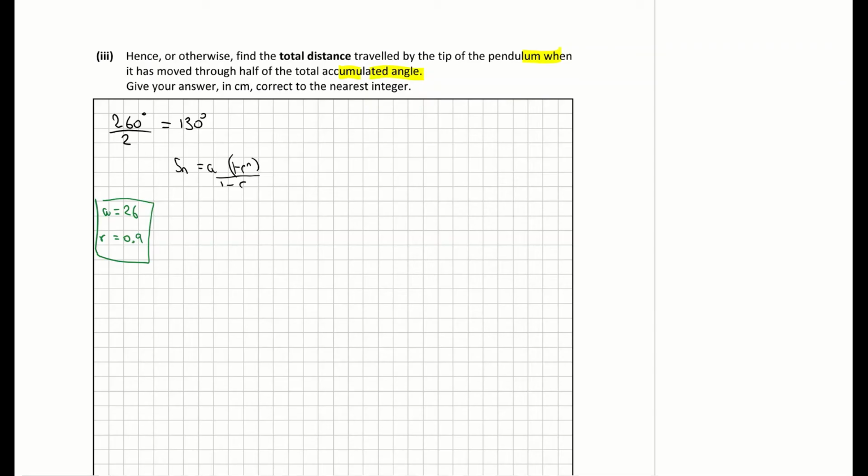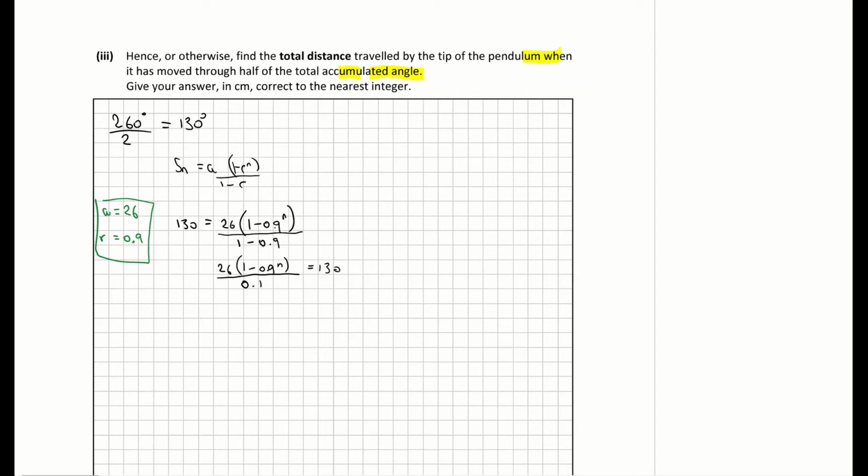So I'm subbing in now Sn, which is the total degrees, which is 130 degrees, equals A, which is 26, times 1 minus R, which is 0.9, to the power of n. That n is what I'm trying to solve for here, all over 1 minus 0.9. So that's giving me 26 times 1 minus 0.9 to the power of n, all over 0.1 is equal to 130.